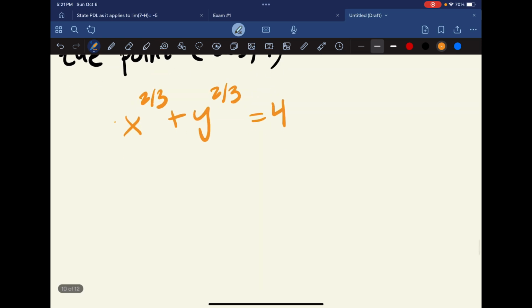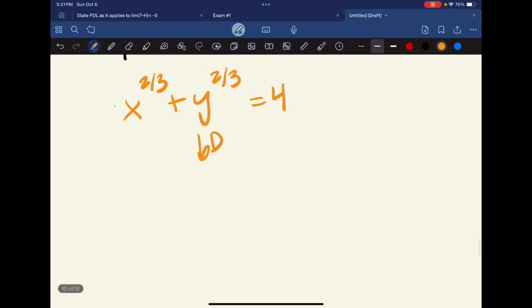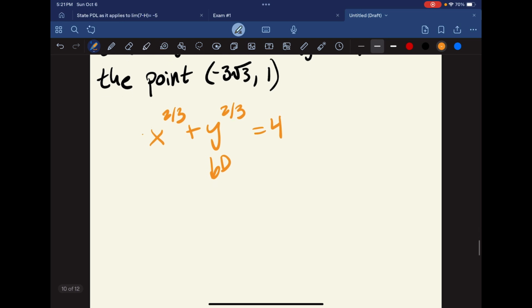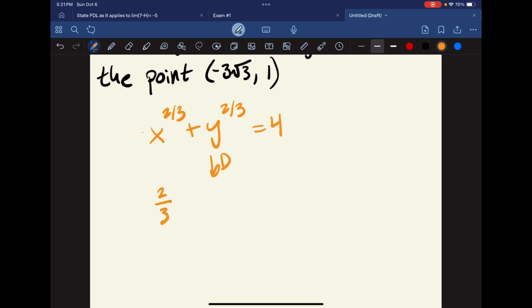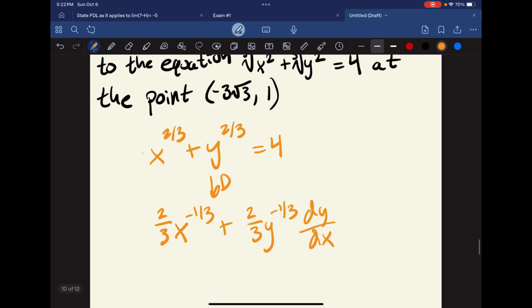So then we go to take the derivative of that, right? The derivative of x to the 2/3 is 2/3 times x, and then we drop the power by 1. 2/3 minus 1 is a negative 1/3, and then plus, same thing for the y term, right? 2/3 y to the negative 1/3, but then dy dx, right? Because every time we take the derivative of a variable that's not x, we have to throw in a dy dx, or whatever that variable is.